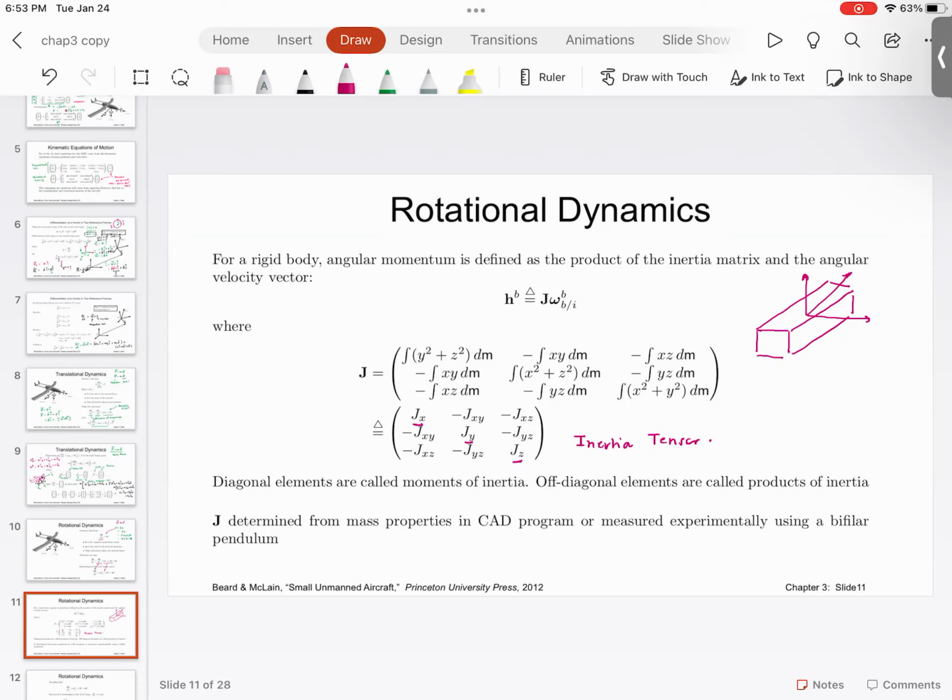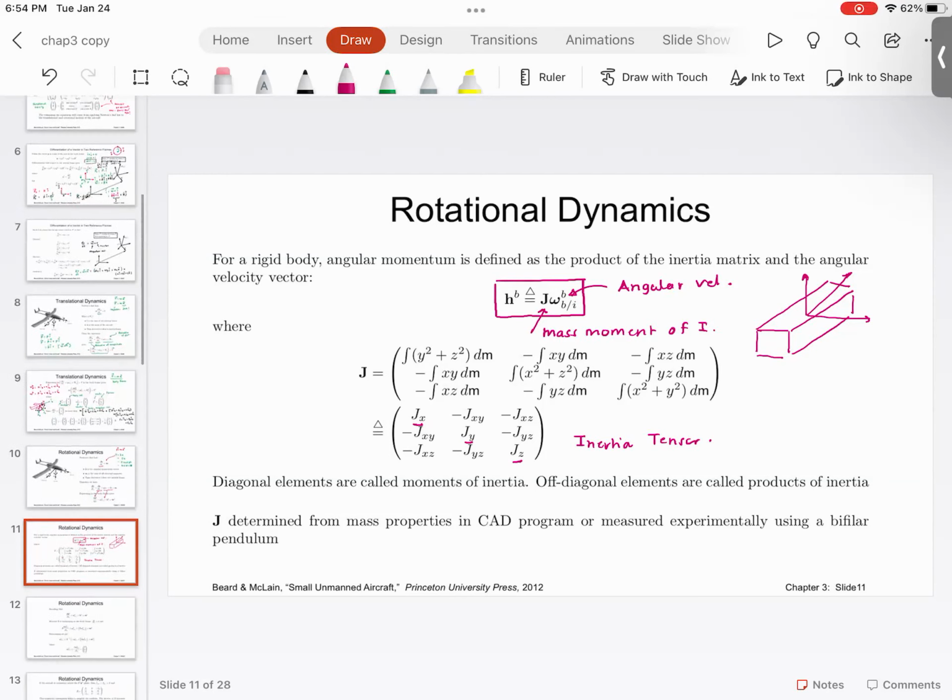And please understand, this angular momentum is the product of mass moment of inertia and angular velocity. Any questions on mass moment of inertia?